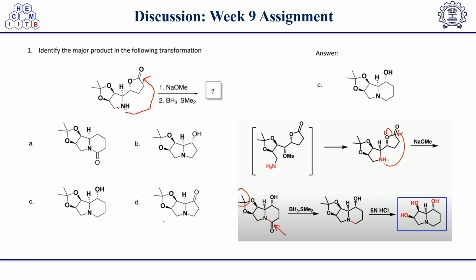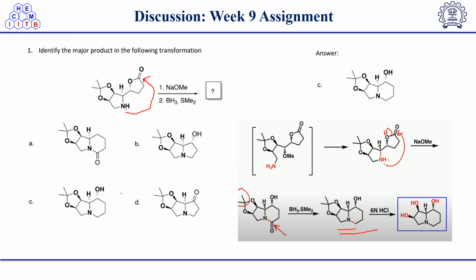A six-membered ring will be formed, and then this complex, being a Lewis acid, can interact with this oxygen, and that will help in the elimination of this CO group, and that will give us this product. Then if we treat it with 6 normal HCl, this acetonide also gets deprotected and we will get the diol. So up to here it is asked in this question.